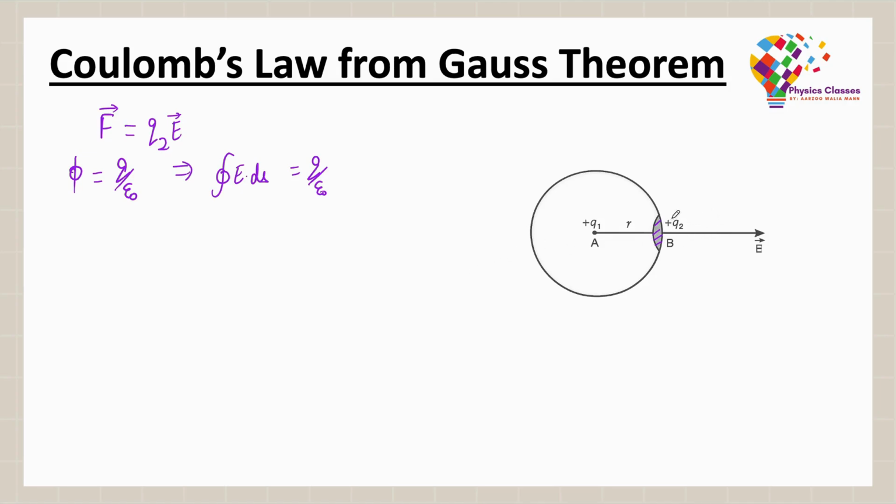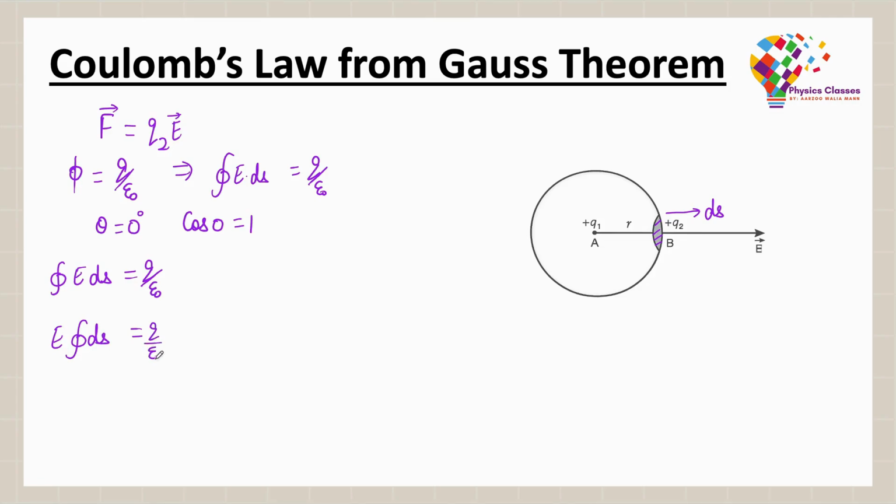Since these two are parallel, theta here is 0 degrees, and we already know that cos 0 is 1. So this expression becomes E ds, and this is equal to q by epsilon naught. Now E is constant on the surface, so I take that out of my integral. So I'm left with the integral of ds equals q by epsilon naught.